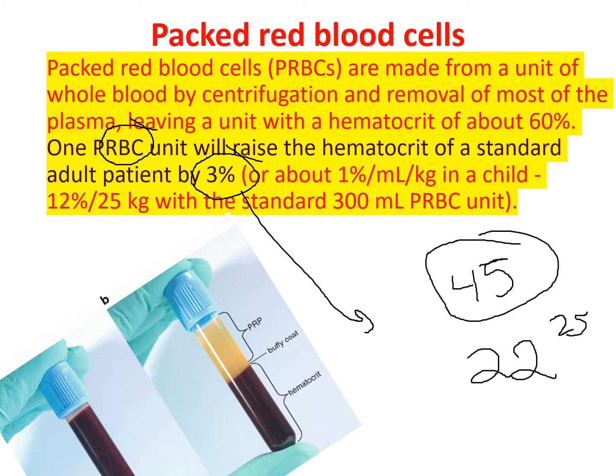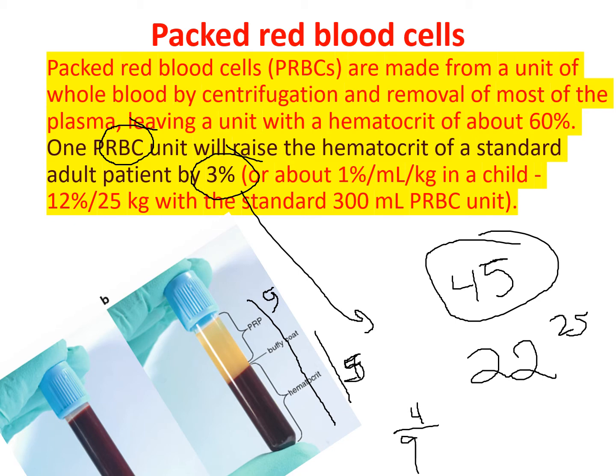By the way, how do you determine the percentage? You simply look at the height of this, and then you look at the height of this. So let's say this is 4 centimeters, and then this is, let's say, I don't know, 9 centimeters. You basically take 4 divided by 9. Actually, this looks more like 5.